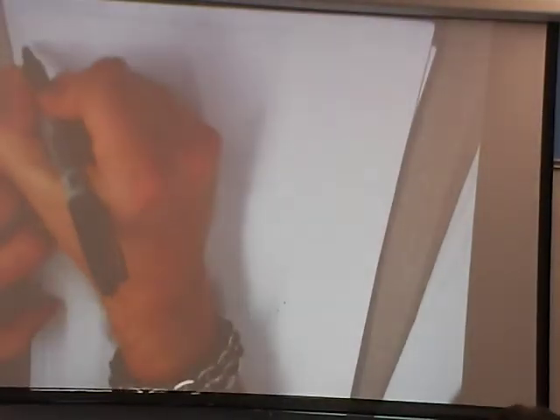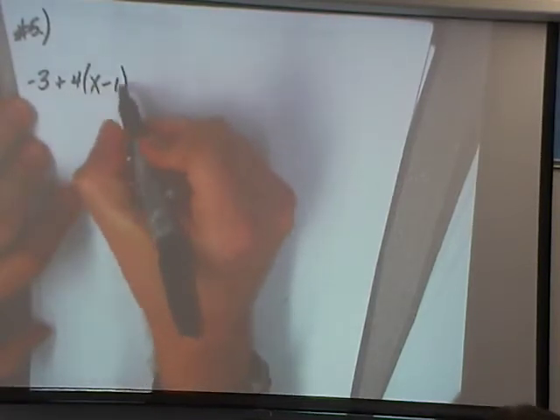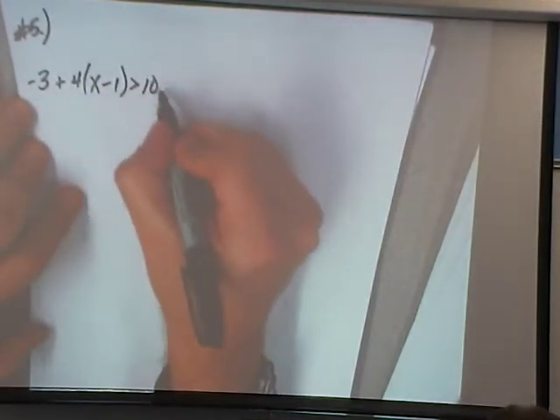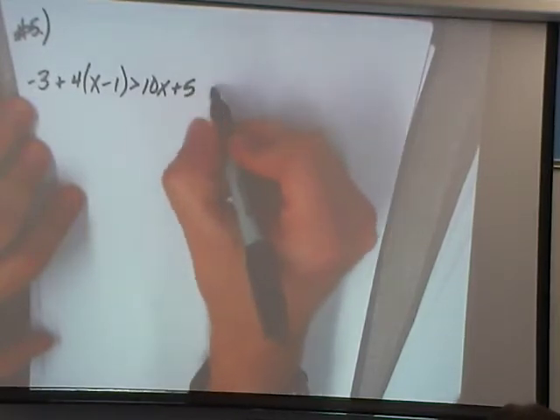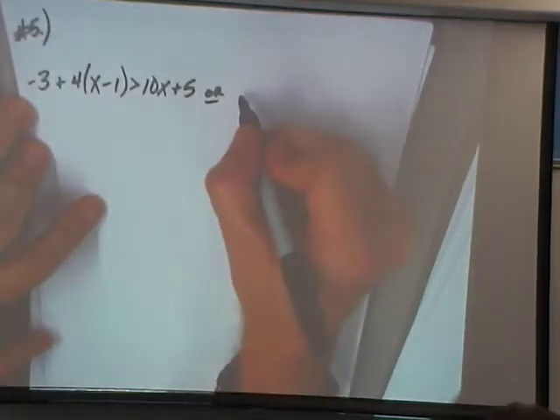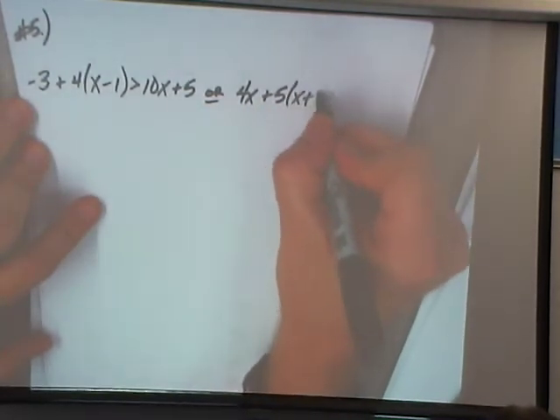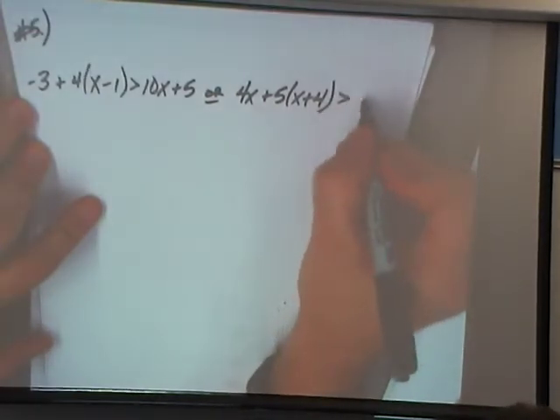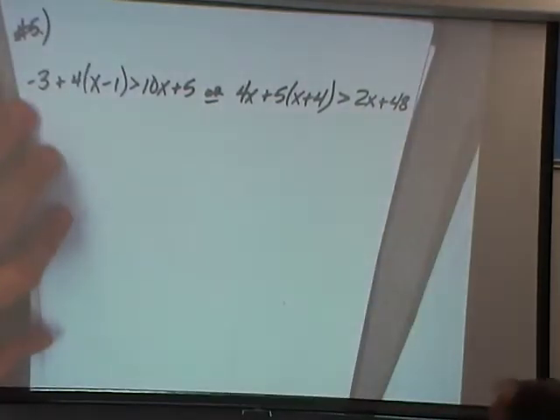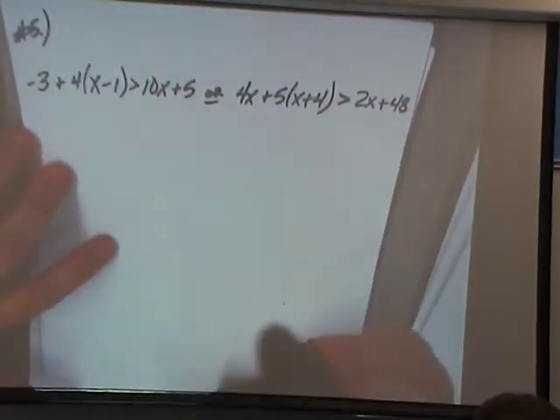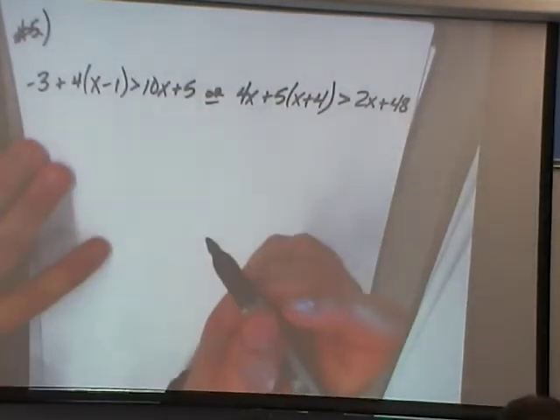All right, number 5. Solve each equation individually.